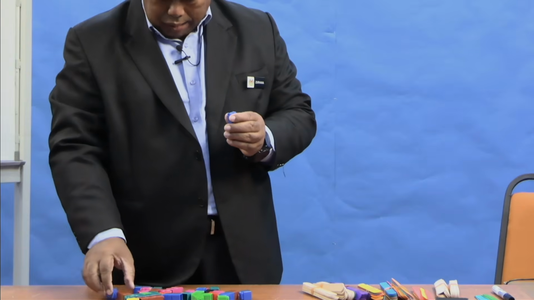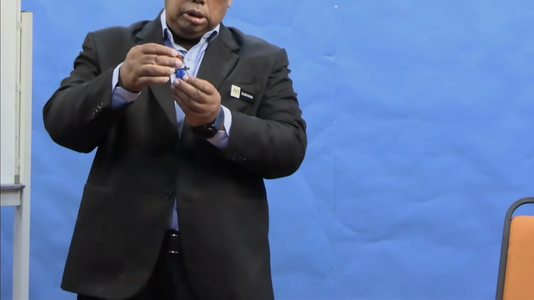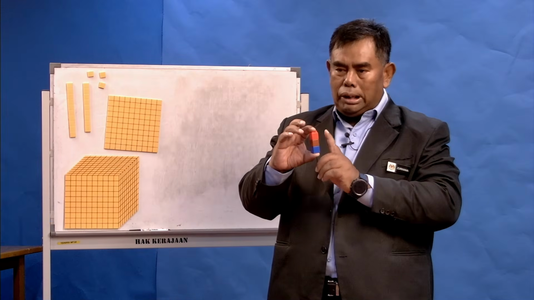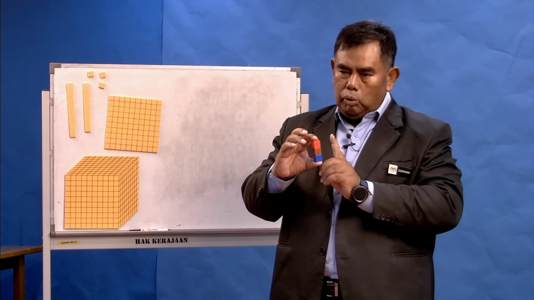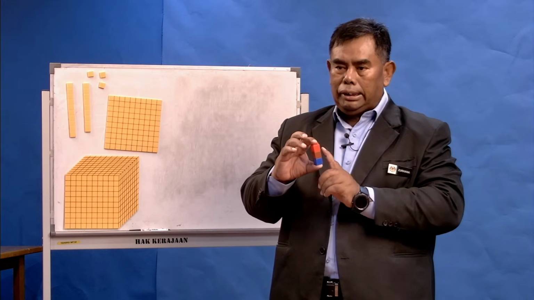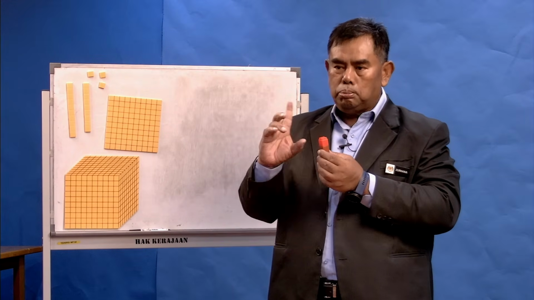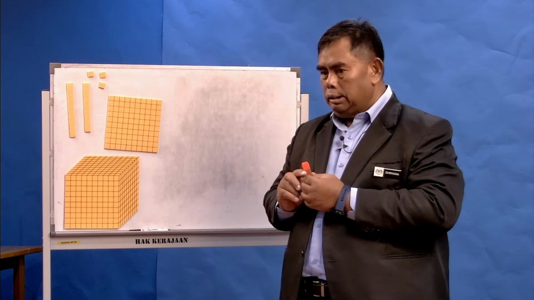Maybe I use another color to see. I put another, I have 3. This is what we call a pattern, because when we count, we add to the number by 1.